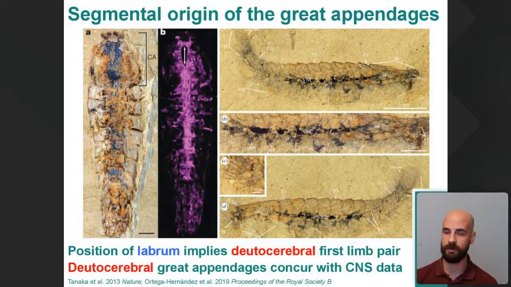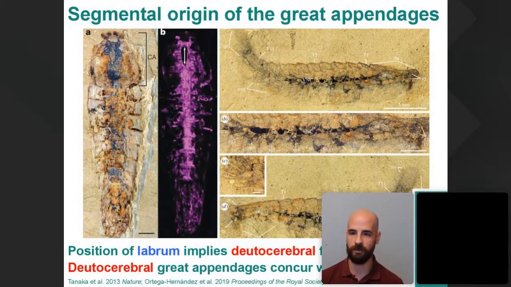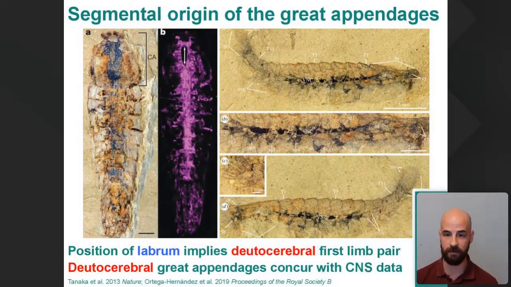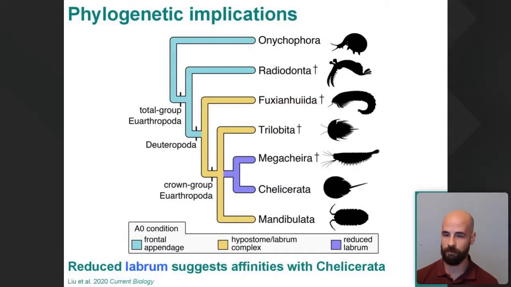But more importantly, this concurs really nicely with recent discoveries of paleoneurological data in Cambrian megachirons, not only from the Xinjiang, but also more recently from localities in Utah from the mid-Cambrian, that show clear consistency in the neurological preservation of these structures. So we are able to tie this up with a pretty bow and say all of this data is resonating with each other rather than being in conflict.